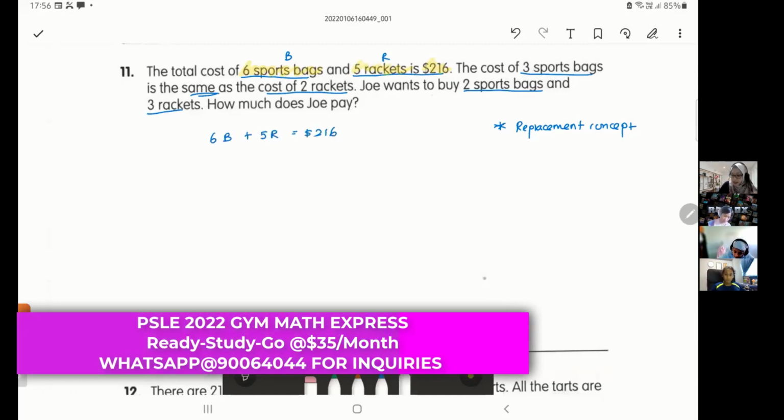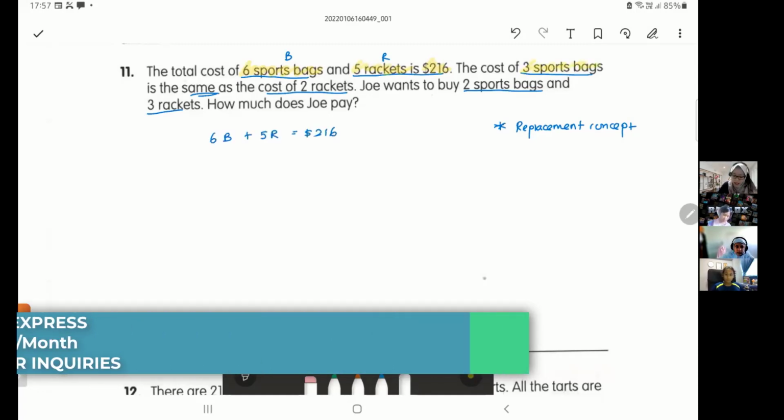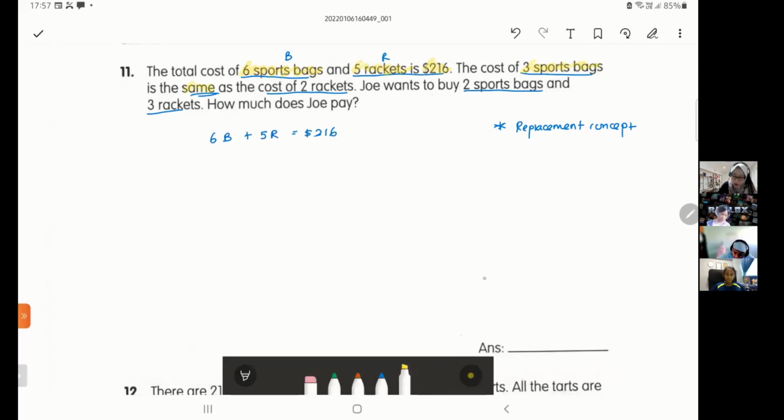Then the next sentence, they say that 3 bags is the same as 2 rackets. So you just indicate this is about the second sentence: 3 bags is equal to 2 rackets.